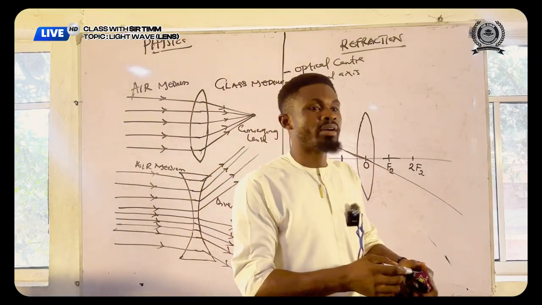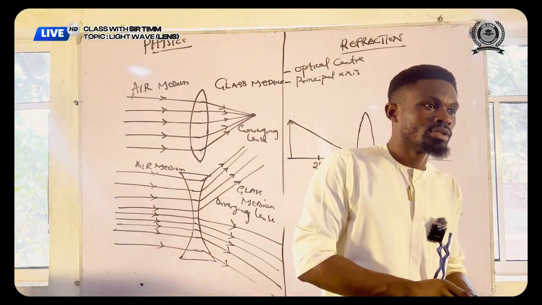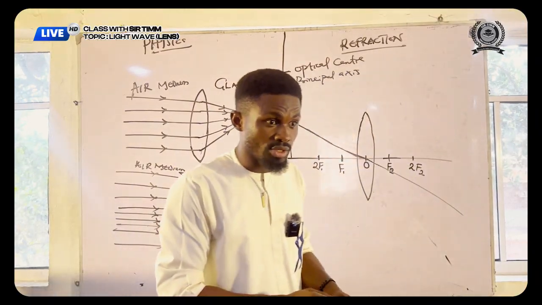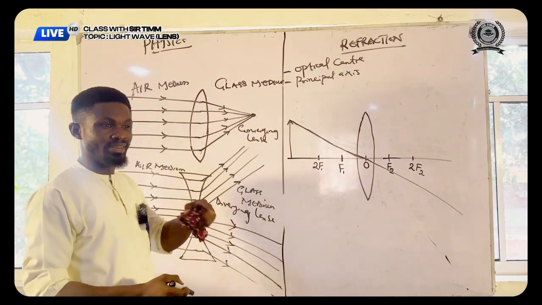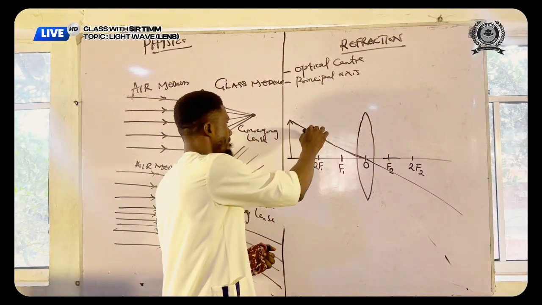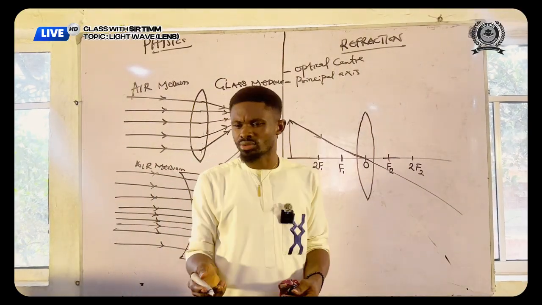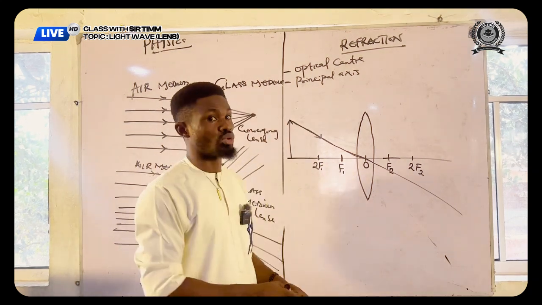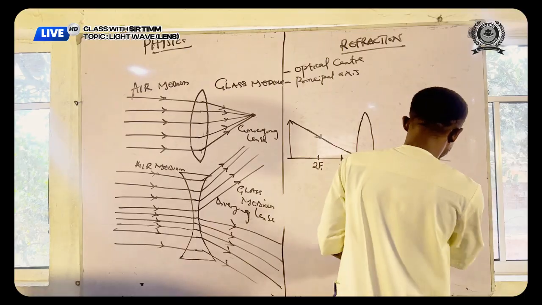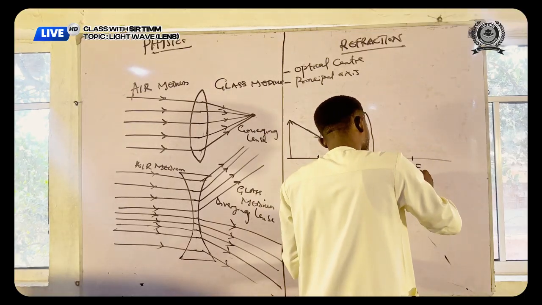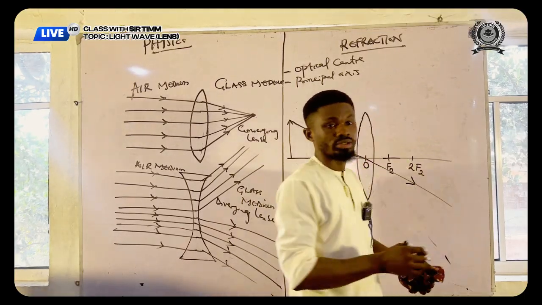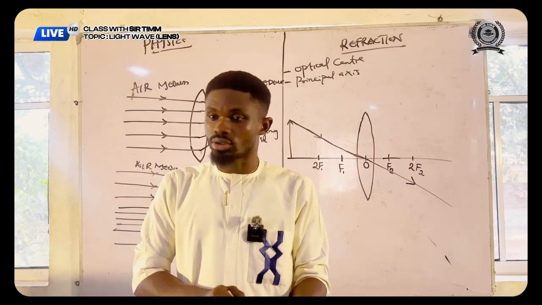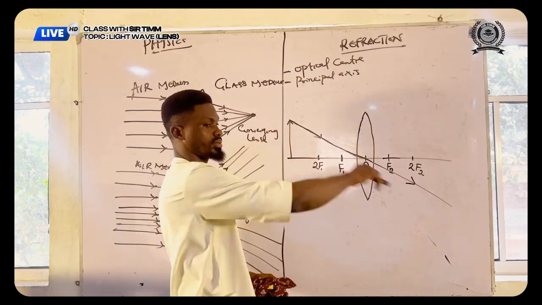I will remove "after refraction" here, because it is actually moving straight as far as it is on the optical center, without deviation. As you can see on the board, just straight.